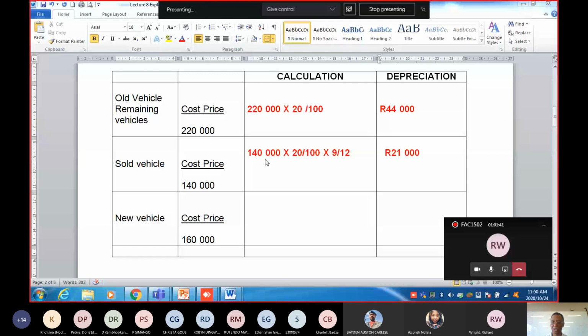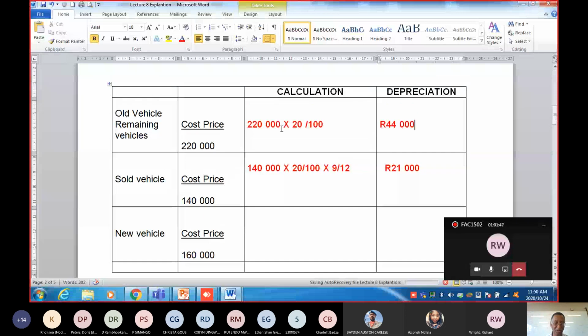Right, so we started the year with 360,000 rand worth of assets. I want you to understand it as follows. We started the year with vehicles of 360,000 rand.